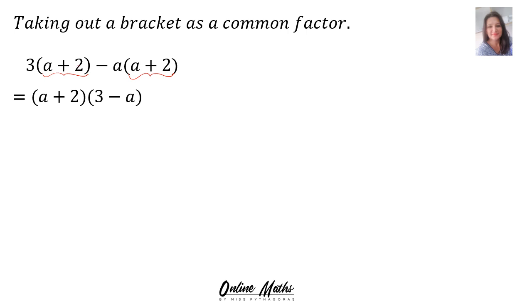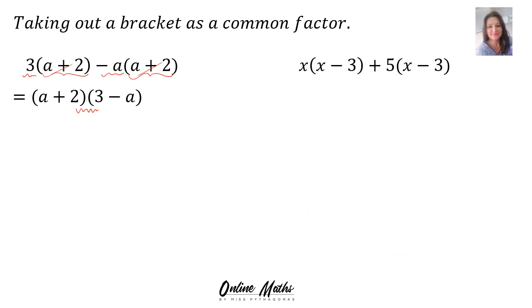So you pull it out, and then what's left is this 3 minus a. But can you see when you write down what's left, you write it inside its own bracket, and then there's nothing written there next to the 2 brackets. You put them together. No sign there.